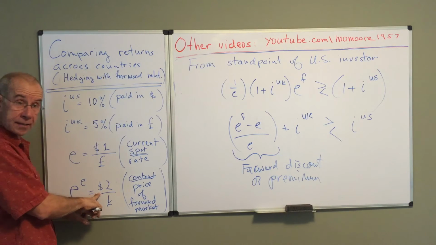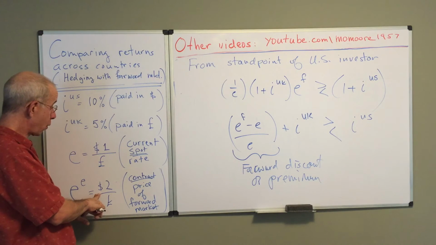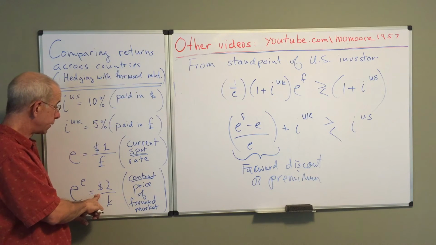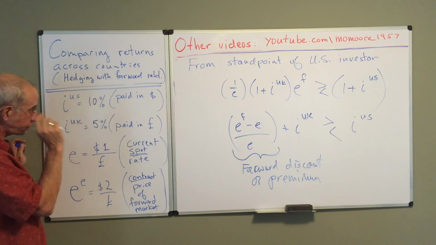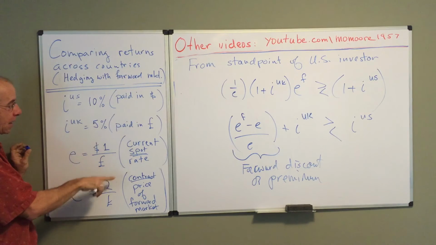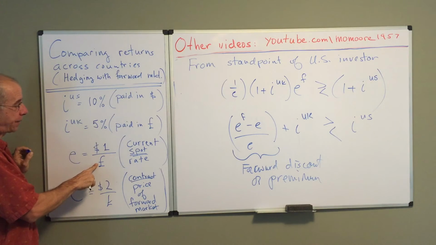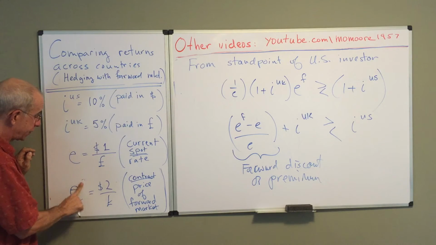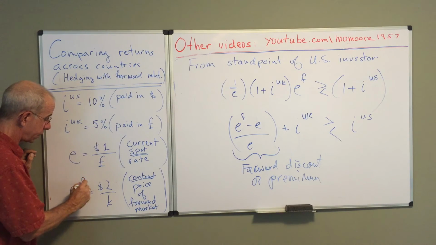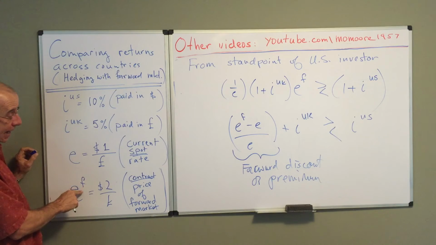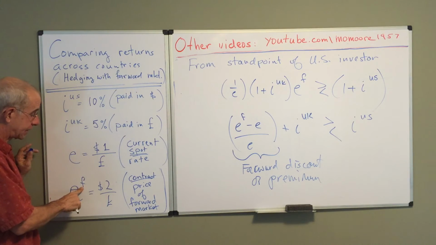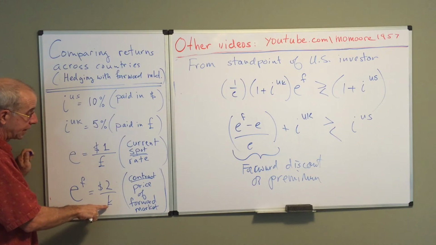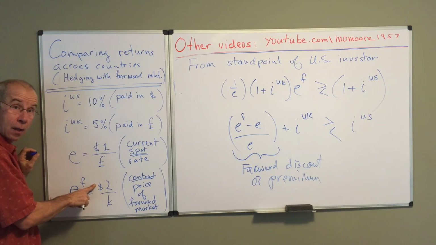Here, for the US, this would be a forward discount on the... so let me back up. Currently, the pound buys $1 using the spot market. Okay, and this should be an F here. My apologies. So that's the forward market. The forward market is a pound gets $2.